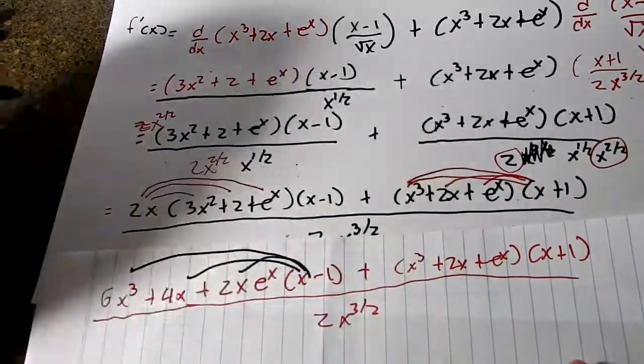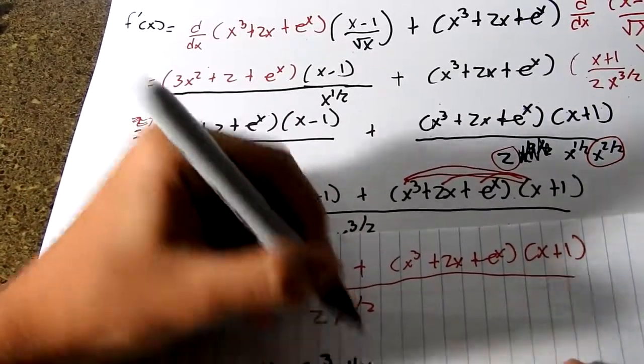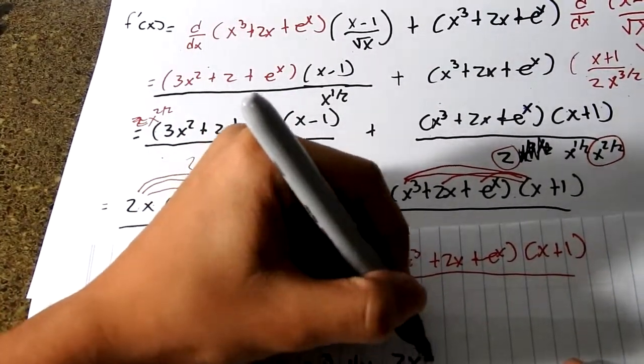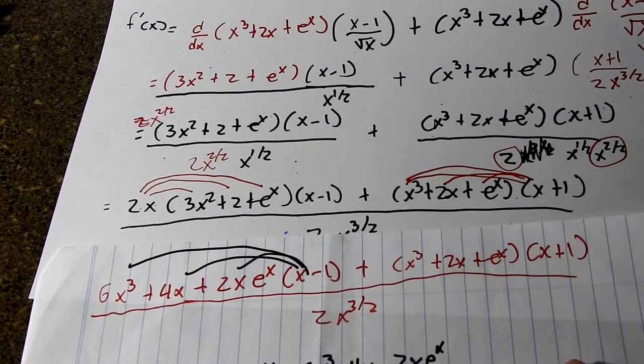And then we have the minus 1, we're going to have minus 6x3 minus 4x minus 2x e to the x, right? We're going to have minus 2x e to the x.